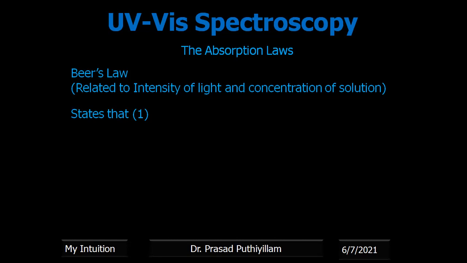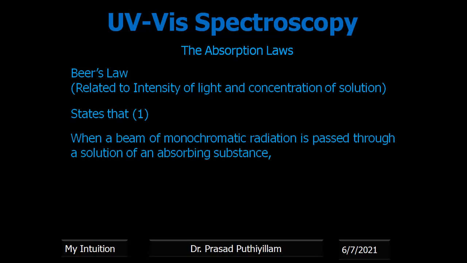Almost three statements I collected based on Beer's law. The first statement says that when a beam of monochromatic radiation, a ray having only one particular wavelength, is used. If you consider VIBGYOR and take blue separately, then blue is monochromatic light, having only a particular wavelength, while all the other colors have different wavelengths.